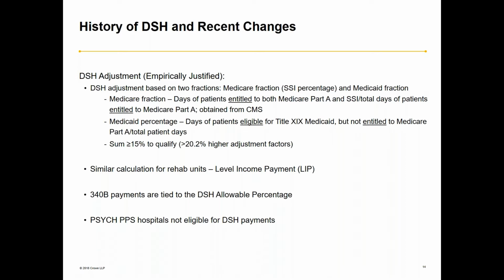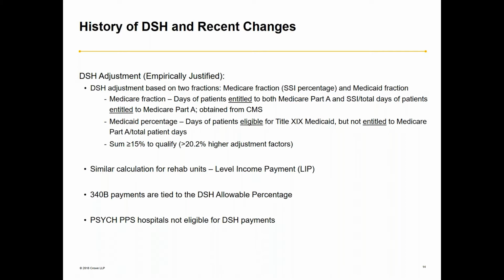It's also one of those things that over the years have undergone quite a few different changes as to how that number is calculated. Unfortunately, it's also an area of a large amount of appeals that go on because that number, in some cases, hospitals believe is incorrect.